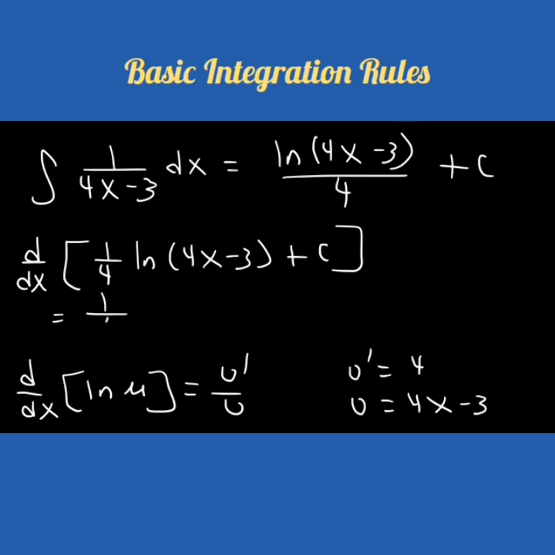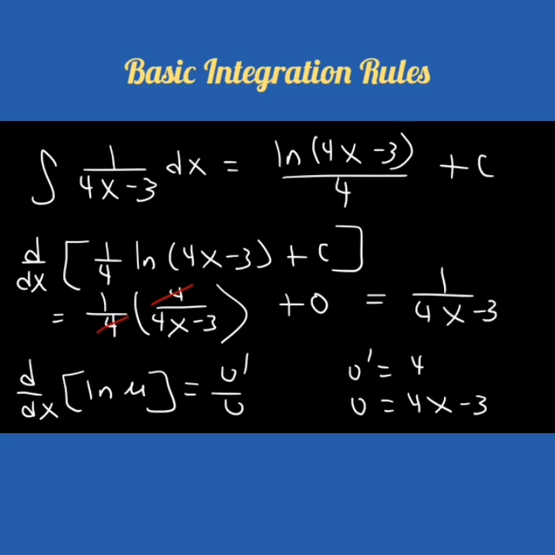So, it is equal to 1/4, then u prime 4 over 4x minus 3 plus 0. Hindi na pala, plus 0, I mean. Okay. Then, cancel 4. Then, we get 1 over 4x minus 3. Okay. So, we get the correct answer.